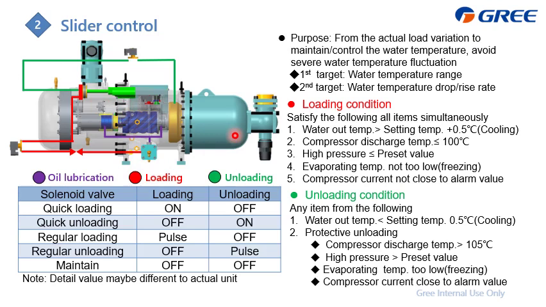Different from the loading condition, for unloading we just need to meet any of the following conditions, which means unloading is quite easier than loading. This is also to ensure the system is not working too frequently, or the condition meets the protection. Also we need to lower the system load or lower the compressor output.